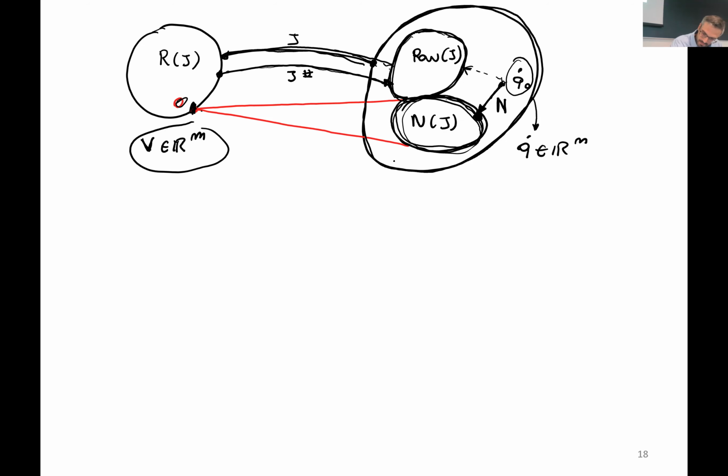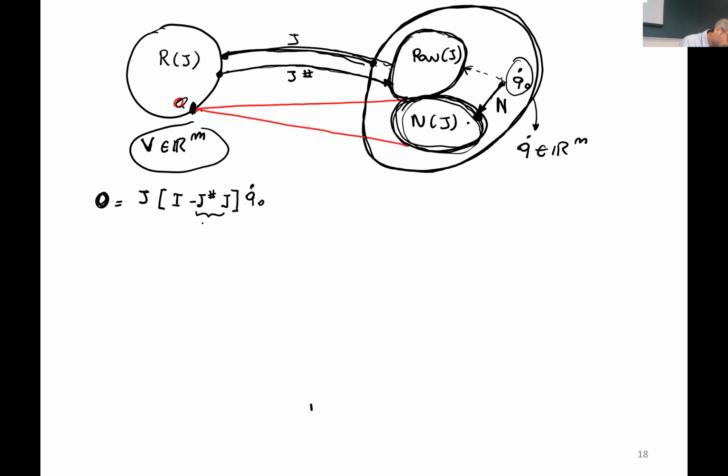And so to show you how the null space works, we should say that if you have the null space projector here that projects this Q dot, if we multiply by J, we'll end up in 0. So from here to here.